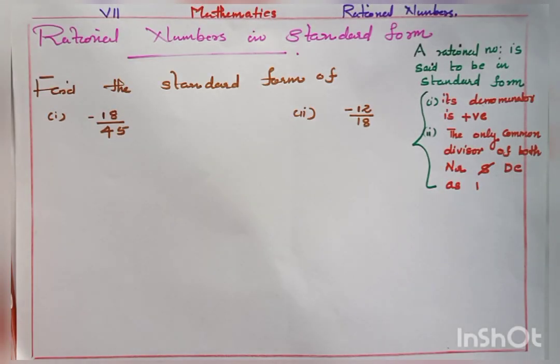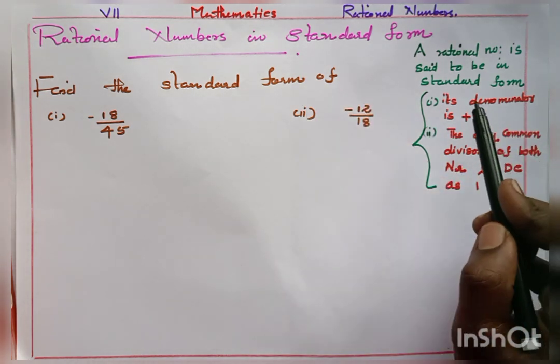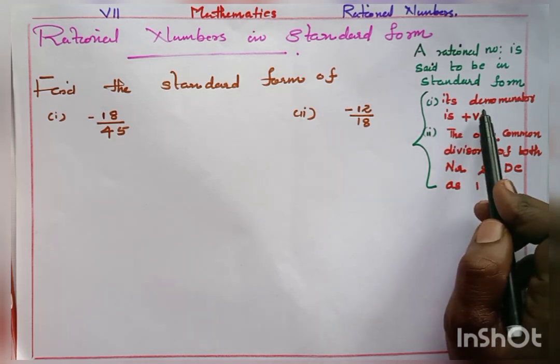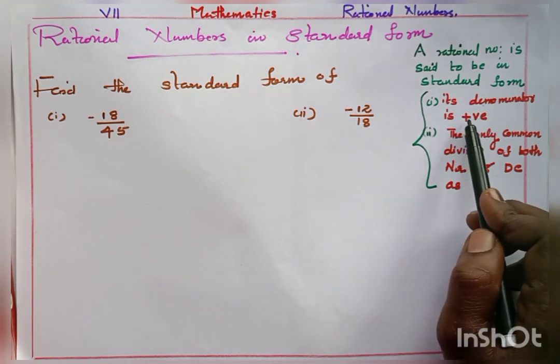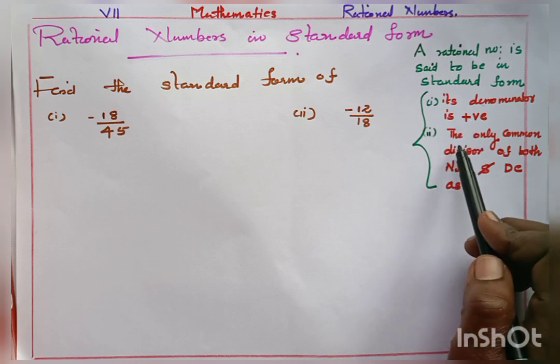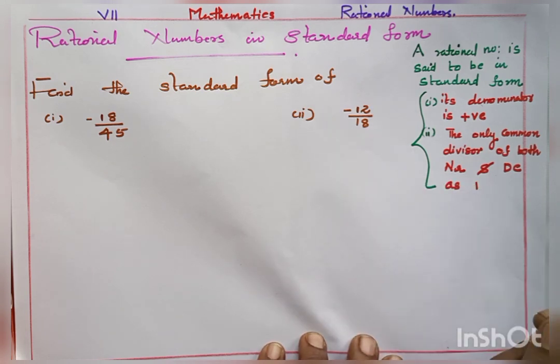A rational number is said to be in standard form if it satisfies two conditions. One, its denominator is always positive. And the second condition, the only common divisor of both the numerator and the denominator is 1.